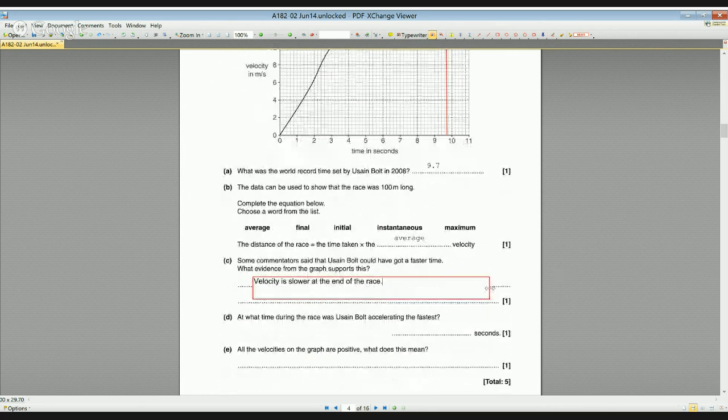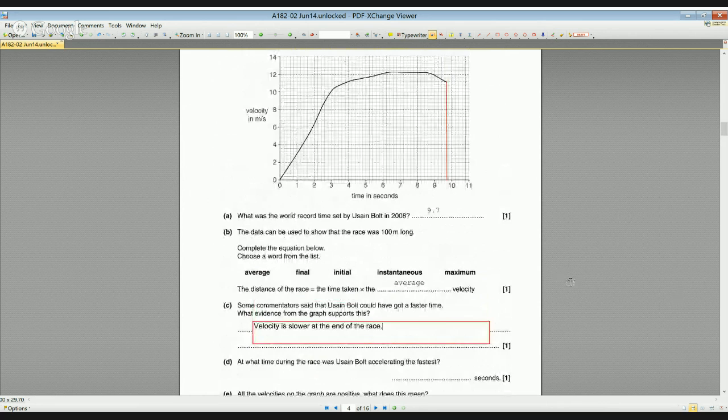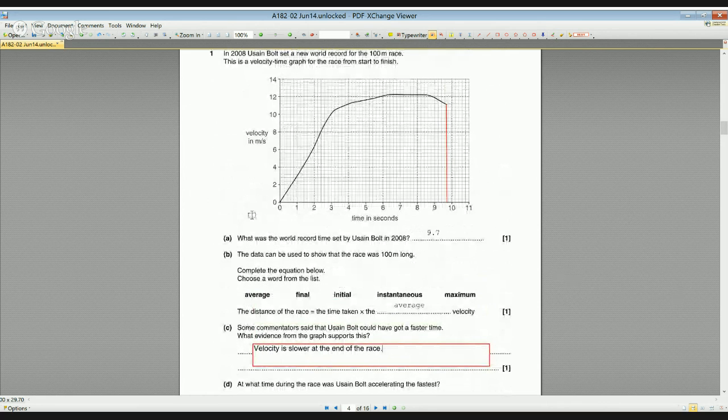Part D, at what time during the race was Usain Bolt accelerating the fastest? Now, when we're looking at a velocity time graph, acceleration is the gradient of the graph. We are interested in the part of the graph that has the steepest gradient, because that would correspond to the highest level of acceleration. We've got to look quite carefully here.